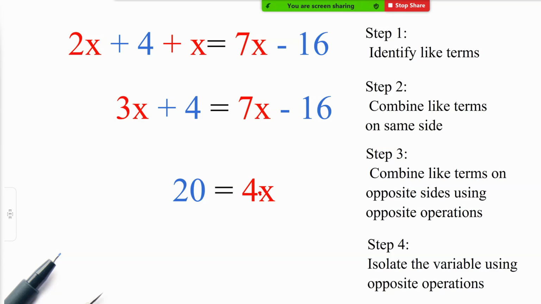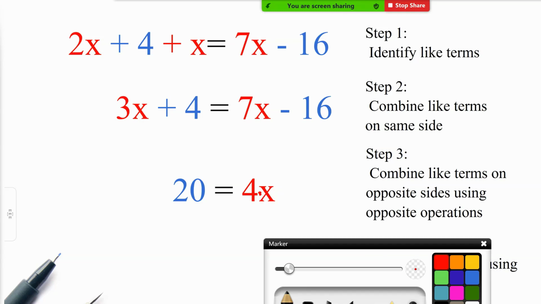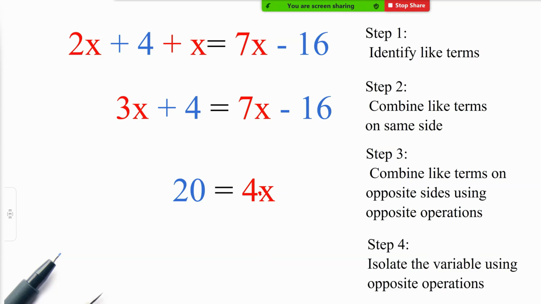Well, I noticed that this says 4 times x. So if I want to get x by itself, I have to get rid of that 4 times. To get rid of 4 times, I do the opposite of 4 times. That is a divide by 4. What I do to one side, I do to the other side.